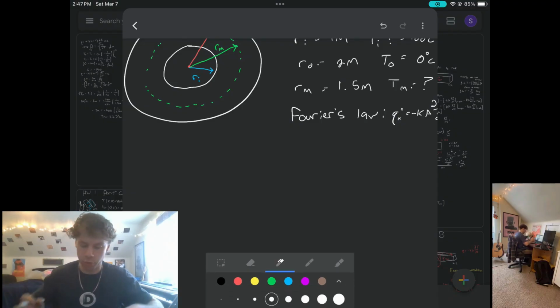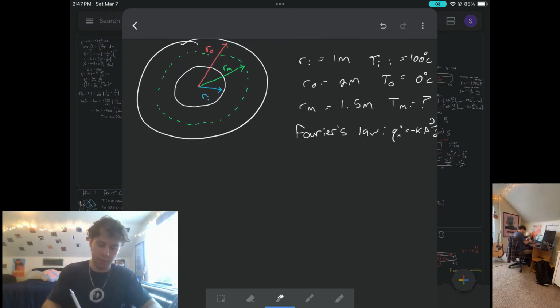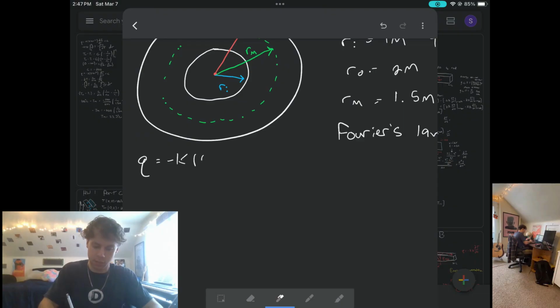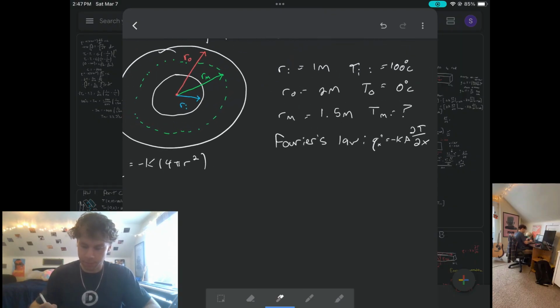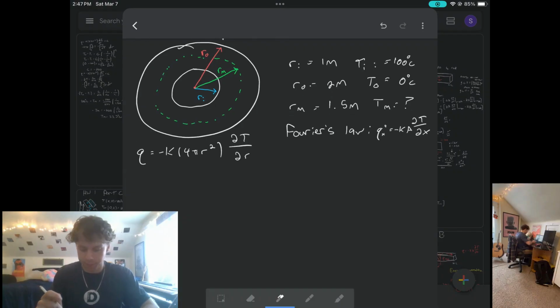Applying that equation to our problem, our heat flux is equal to negative thermal conductivity times our area, which in this case is 4 pi r squared, times our temperature gradient, which is the change in temperature with respect to the change in radius.